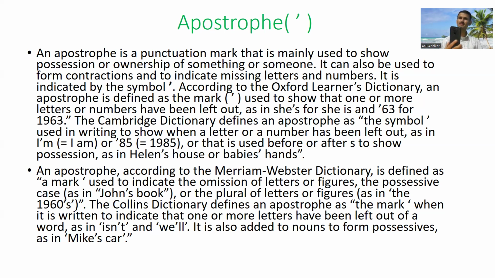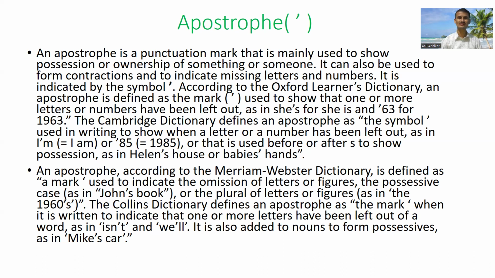This is my brother's cell phone. It is Ram's cell phone. This is Hari's pen, Sita's pen. Ram's house. If you want to show possession or ownership, use an apostrophe. Okay, Ram's house.